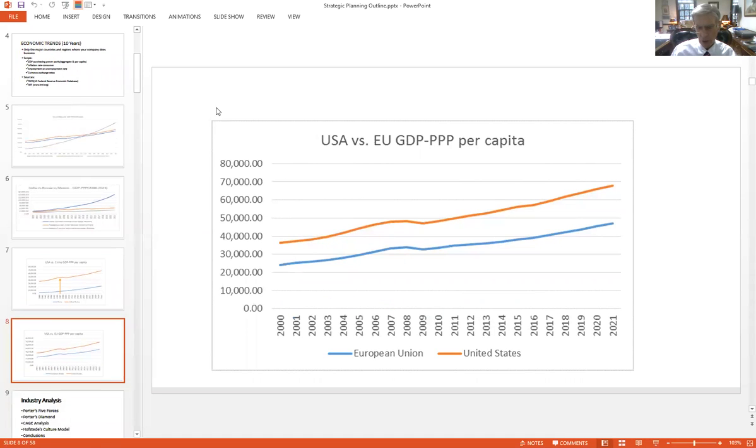And here we see the same thing when we compare the US in orange to the European Union. And again, just take a look at the difference in the case of the European Union, up to what appears to be something on the order of perhaps $45,000 US. The US GDP per capita about 65.